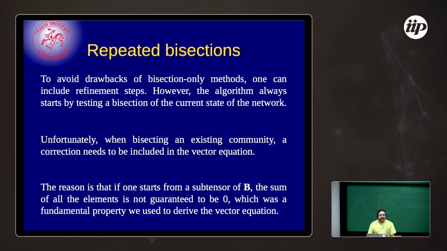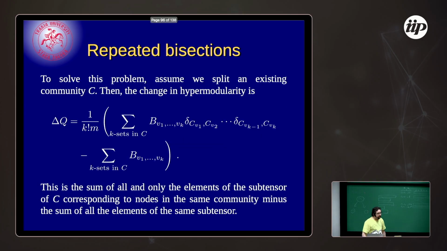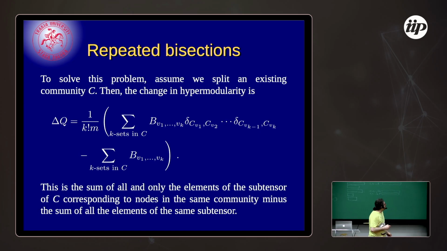So what do we do? We need to find a way to go around this problem. Suppose that we have done the split here. We have split it into two communities. Then we take one of the two and we want to see if we can split it again. So how would the hypermodularity change? What is the delta Q, the change of the hypermodularity?